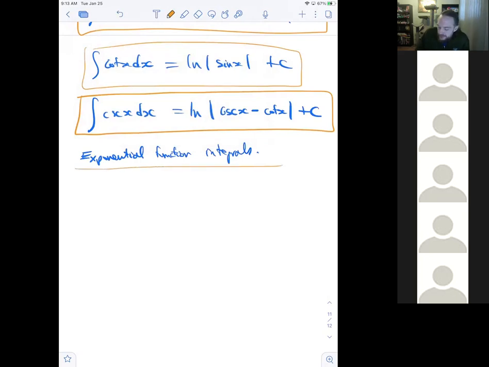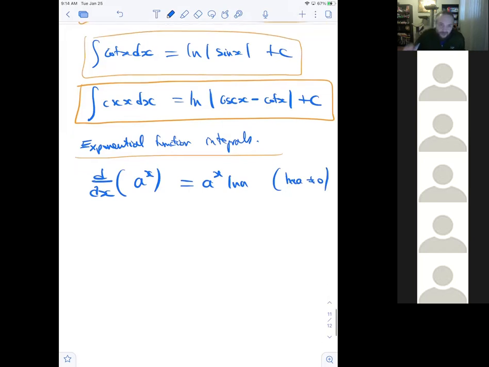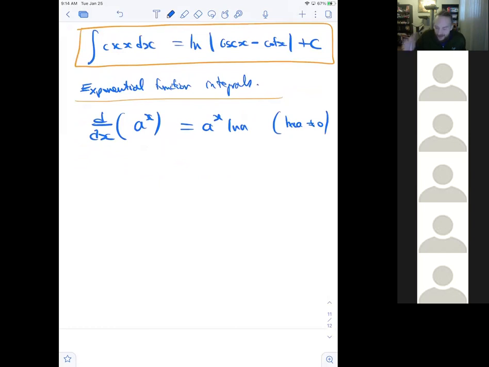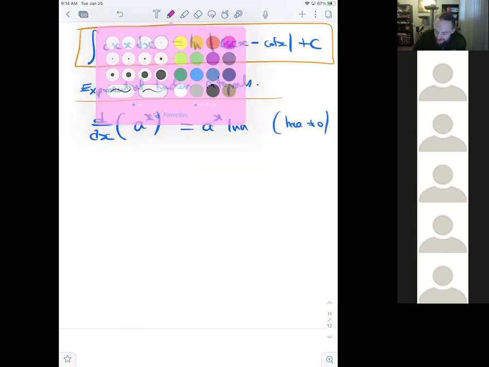We know that the derivative with respect to x of a to the x is a to the x ln a, and ln a is just a number which is not equal to 0, as long as a is not 1, but we're assuming a is strictly larger than 1. If a is 1, then 1 to the x is just the constant function 1. The derivative is 0. But now what I can do is integrate both sides.